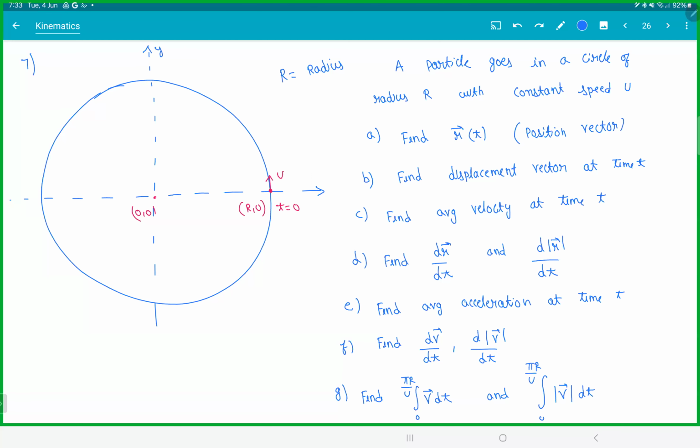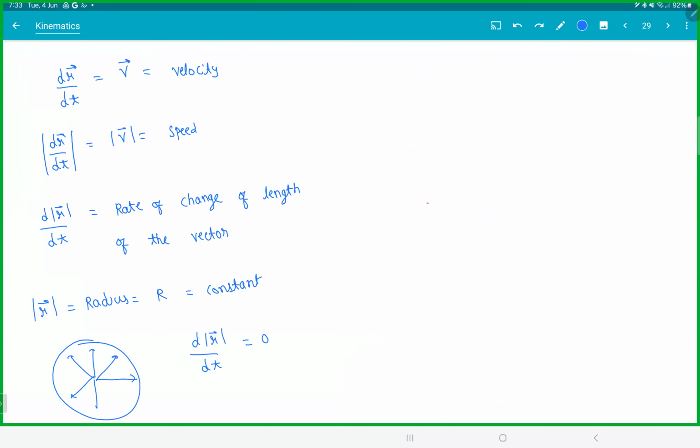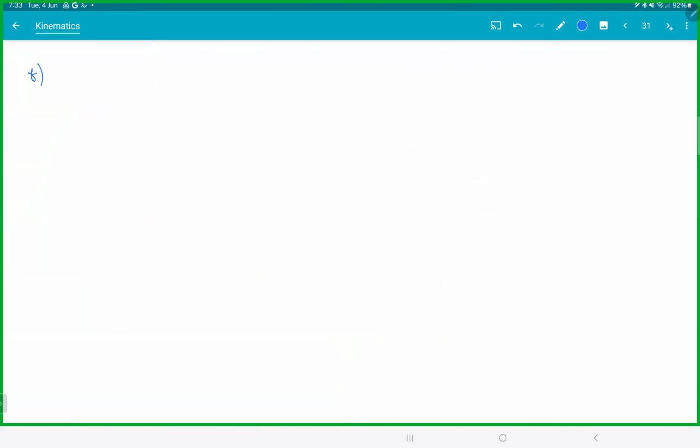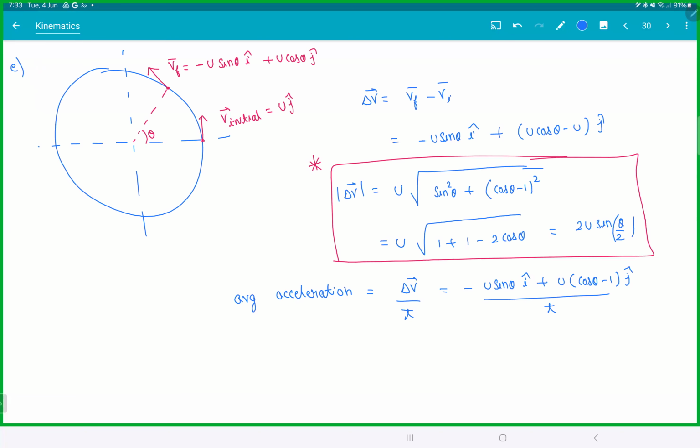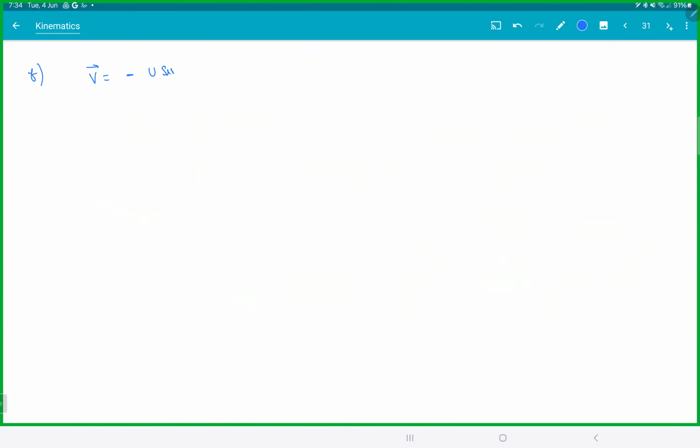Let's see the F part. So V bar is minus u sine (ut by r) i cap plus... So you want dv by dt.